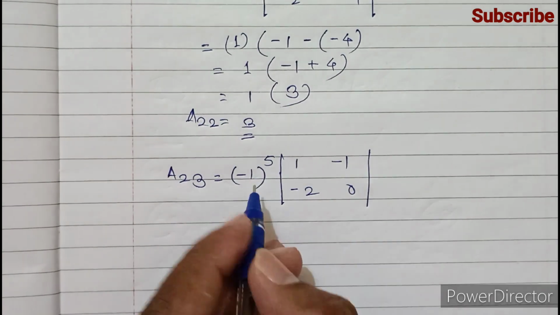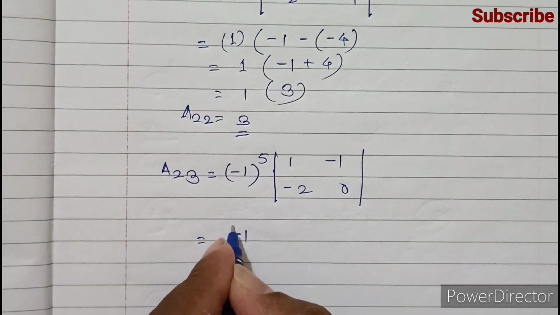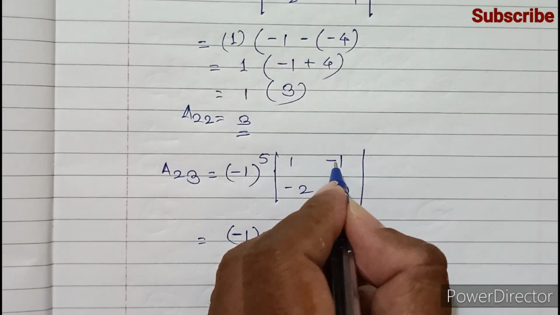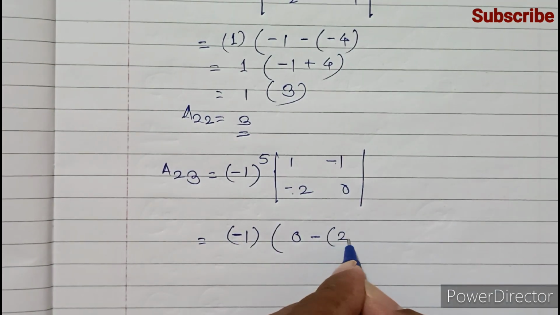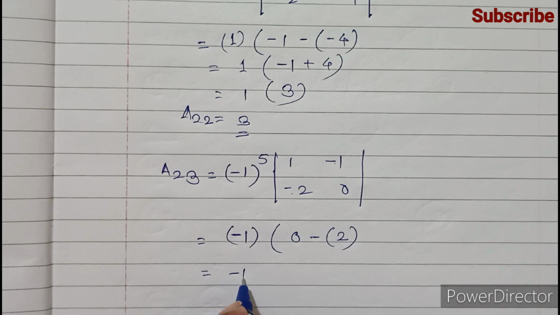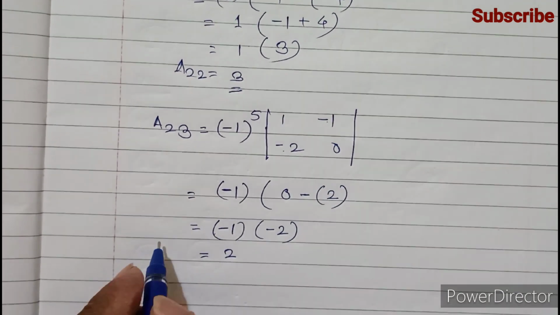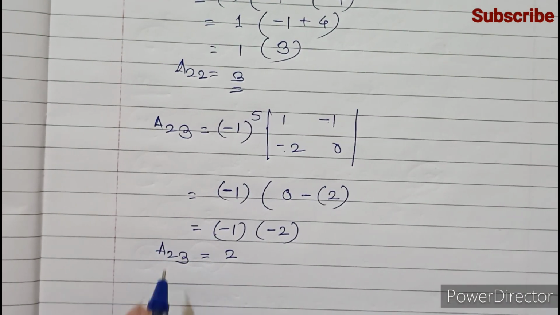Now here (-1)^5, that is minus of 5, and in bracket 1 into 0, 0, minus -1 into -2, that is plus of 2. Now that will be equal to minus of 1, 0 minus 2, that is minus of 2. That is minus 1 into -2, plus of 2. The value of A23 is 2.